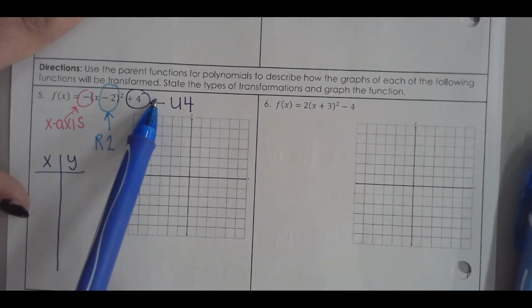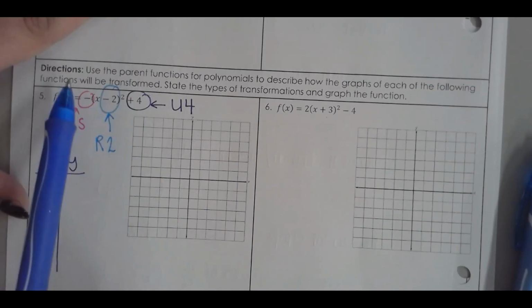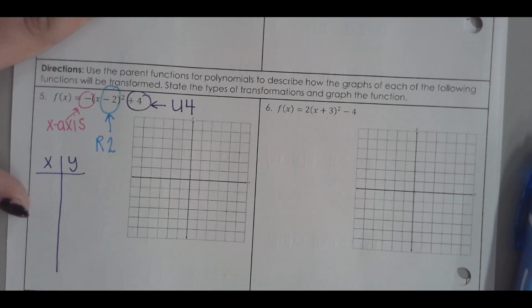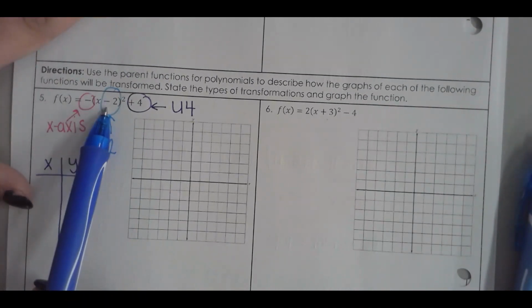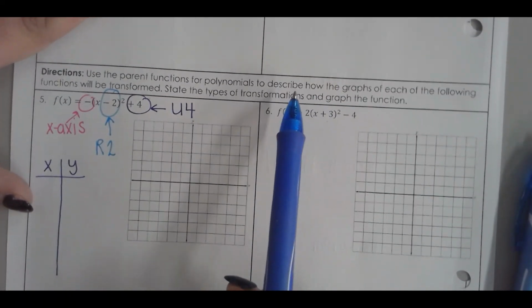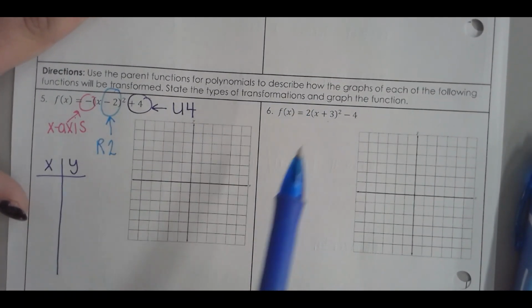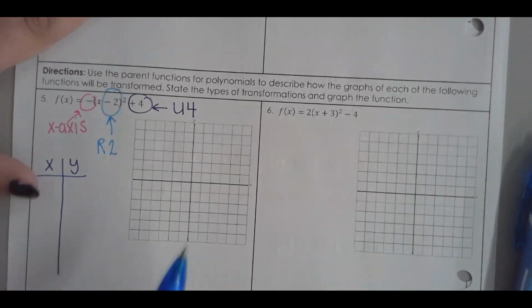Where does the vertex sit on a parabola? Just a generic parabola before anything. Where would it normally sit? Just a plain x squared. In the middle, on the origin, right? If we go right 2 and up 4, that's going to move the vertex to what? To 2, 4.